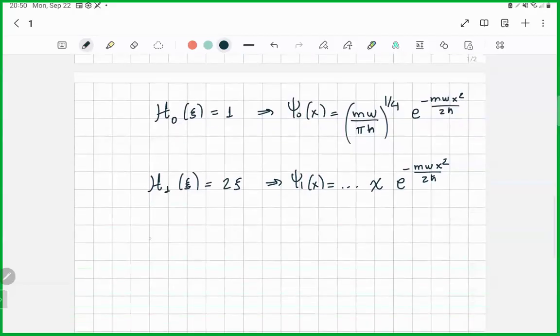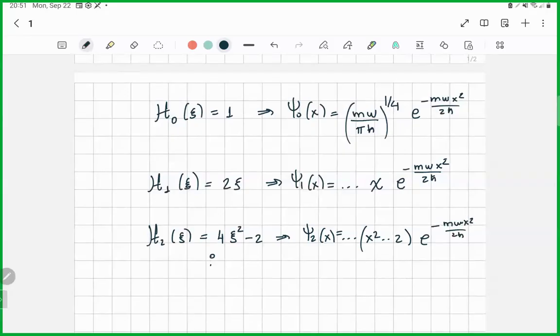Well, let's go just one more. For the second excited state it becomes a little more complicated. You see that now we have 4c squared minus 2. That's why these things are called polynomials, no? Hermite polynomials. So then our psi 2 involves x squared, some constant, and then the exponential.